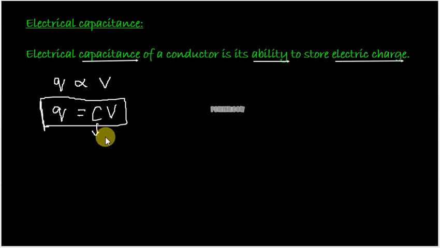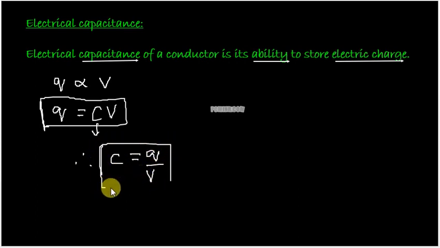Whatever shape of conductor we are using, depending on the shape, the ability to store charge would be different. So what is C? We can define it mathematically as the ratio of the charge given to a conductor to the potential to which it is raised due to that charge.